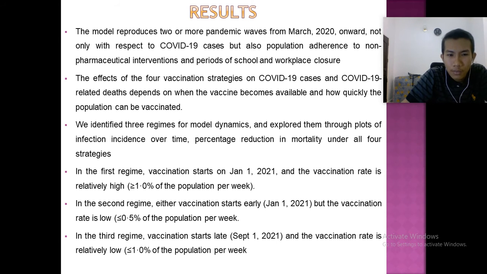For the second regime, vaccination starts early on 1st January 2021, but the vaccination rate is low, less than or equal to 0.5% of the population per week. And the third regime, vaccination starts late on 1st September 2021, and the vaccination rate is relatively low, less than or equal to 1% of the population per week.